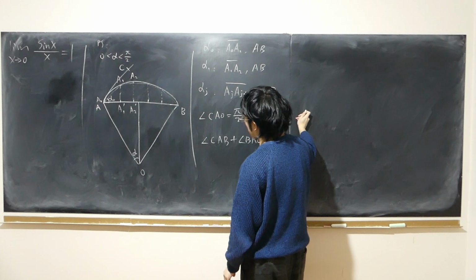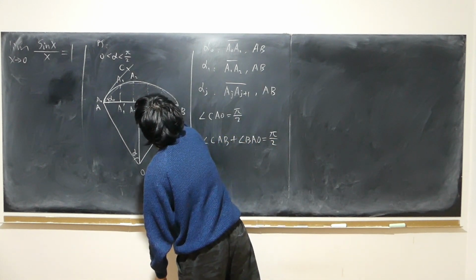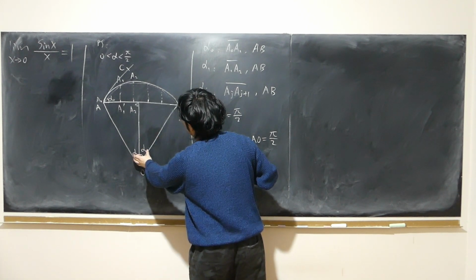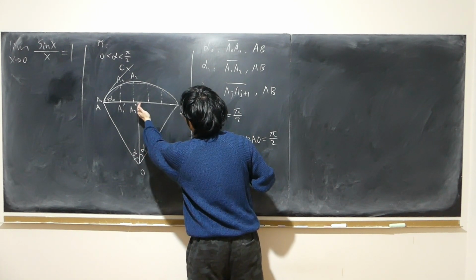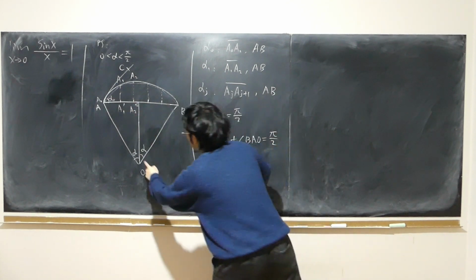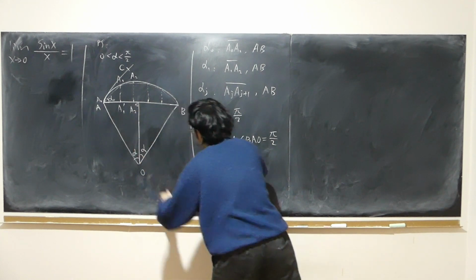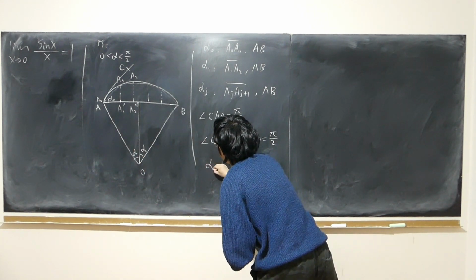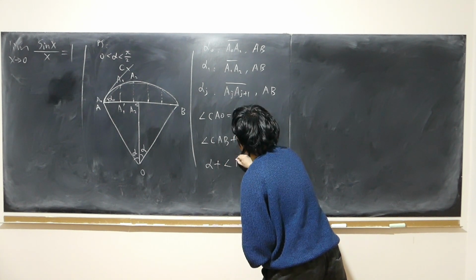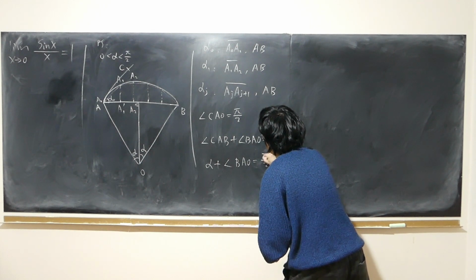And I also know that since these two angles are the same, therefore this angle has to be 90 degrees. So this angle plus this angle has to equal this angle, 90 degrees. So alpha plus angle BAO is also 90 degrees.